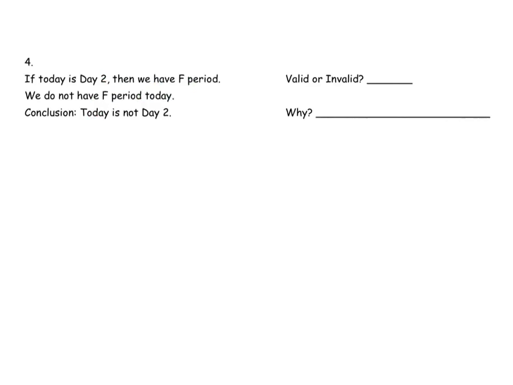And our last one, we're going to continue our color coding. Today is day 2. Then we have F period. And it says we do not have F period today. Remember that not is a negation, right? And someone wants to conclude that then it must not be day 2. So let's see what this looks like in PQ form.